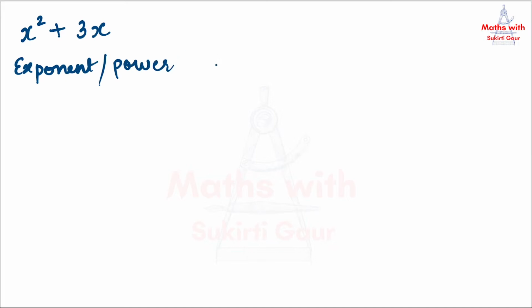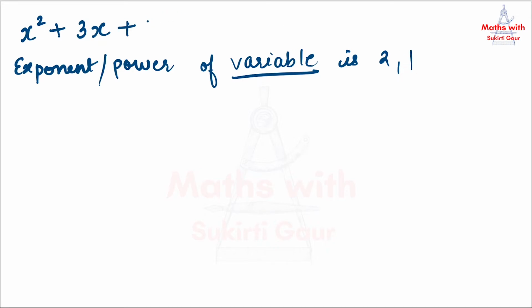Now if I talk about an algebraic expression x square plus 3x, here we can see the exponent, or we can say the power of variable, is 2, 1, and if I add one more term here, let's say 4x cube, I can see 3 powers of variable over here, that is 2, 1 and 3.